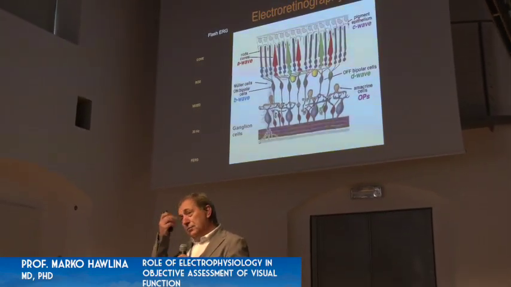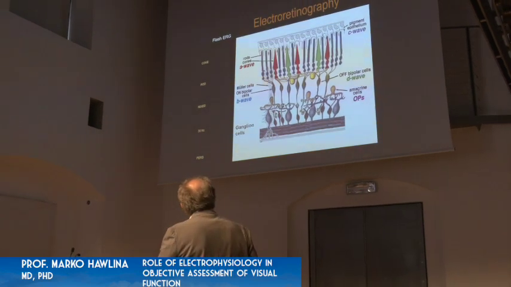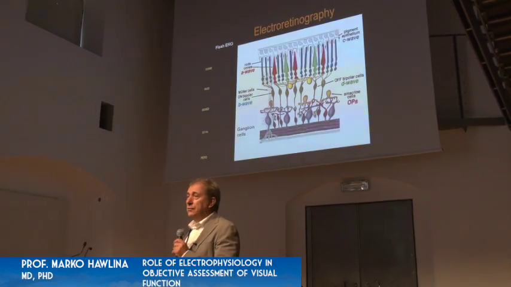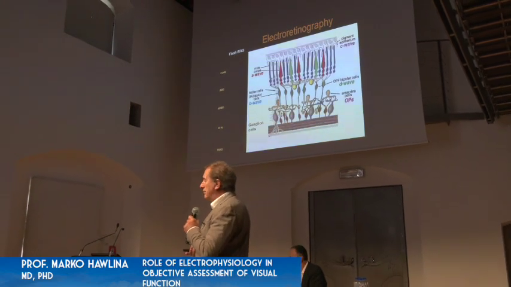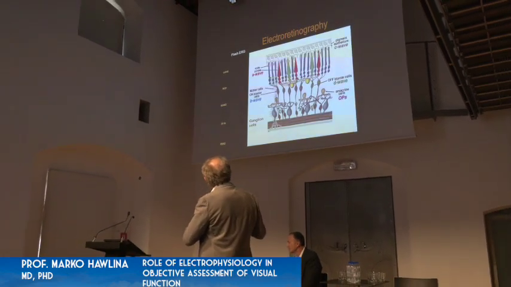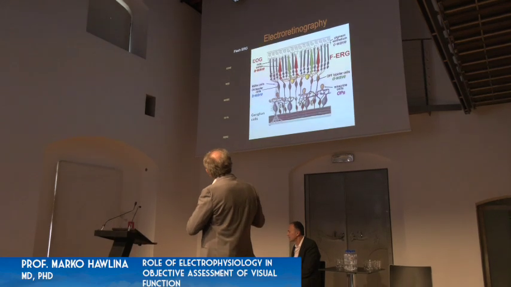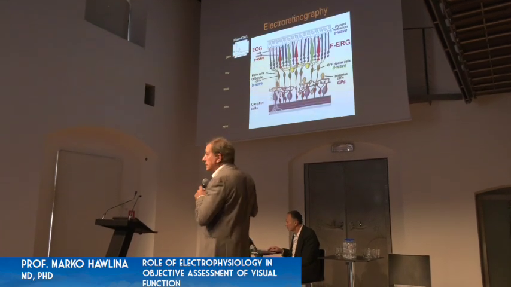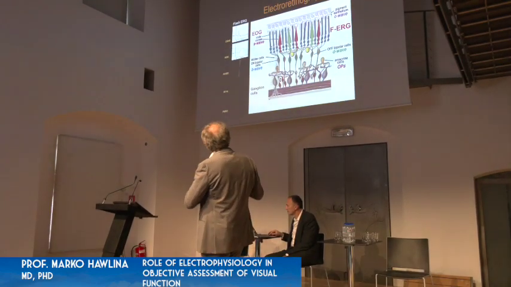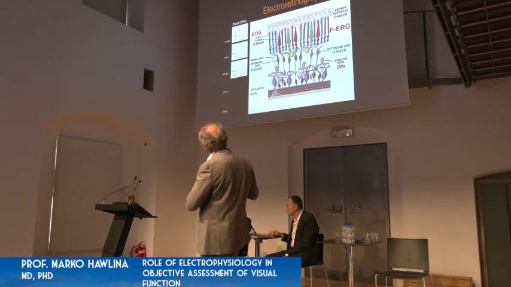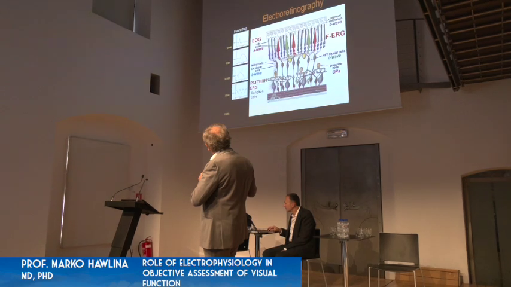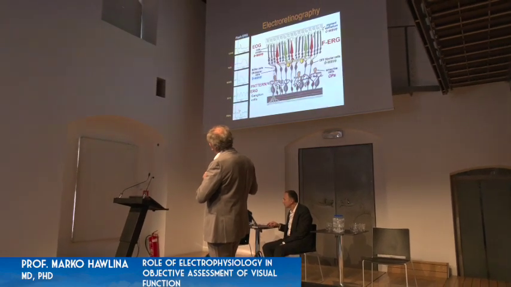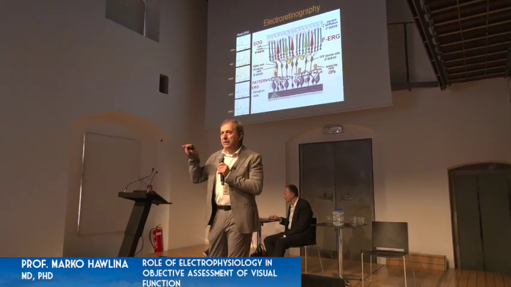Now, to go back to the topic of electrophysiology, we will be talking about different responses from the retina, from the optic nerve and the visual cortex. If you remember this from your residency training, you have a number of responses that are created in the retina. And this is actually layer by layer diagnostics.